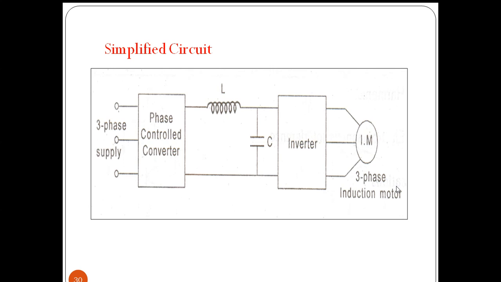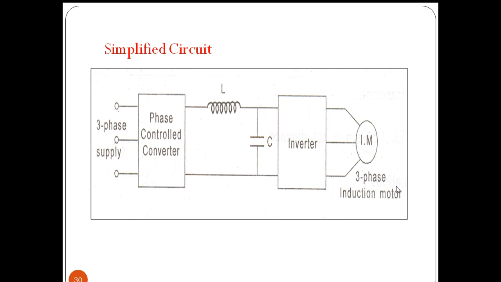This is the simplified circuit. From this circuit, the three-phase converter will convert AC voltage into controlled variable DC voltage. This controlled DC is filtered by using an LC circuit to minimize the ripple contents.